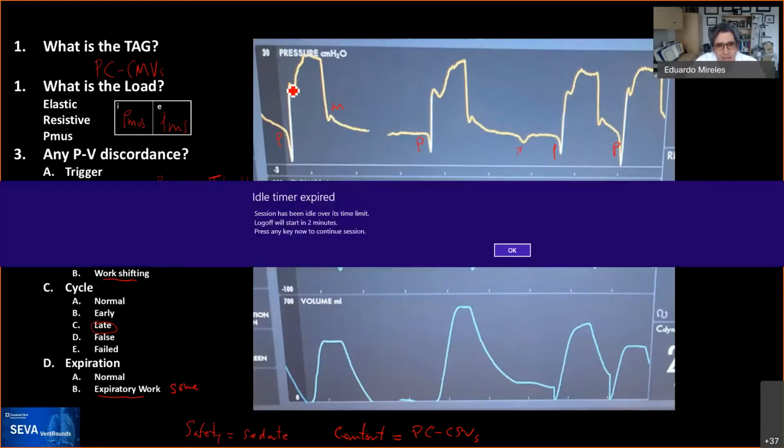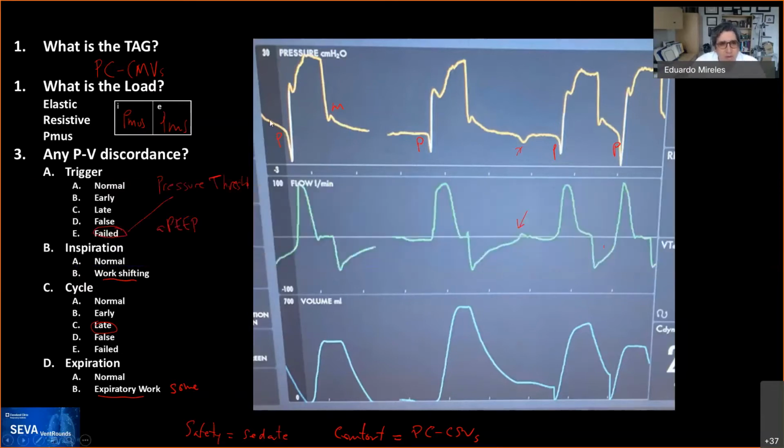I could bet that on this patient the inspiratory pressure was set around right here for each one of those breaths, because that's where the ventilator stops the pressurization because it reached the goal, then it comes down and then goes up. And all of this is above what the ventilator was trying to control.